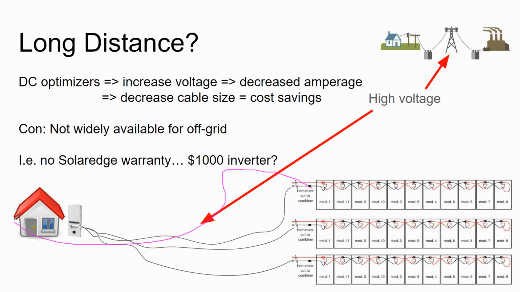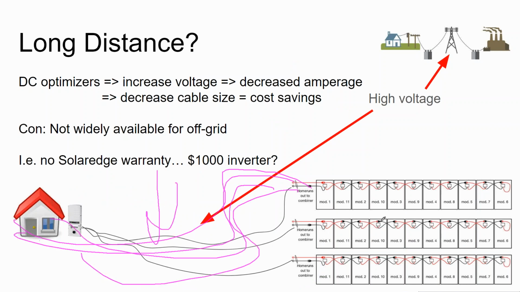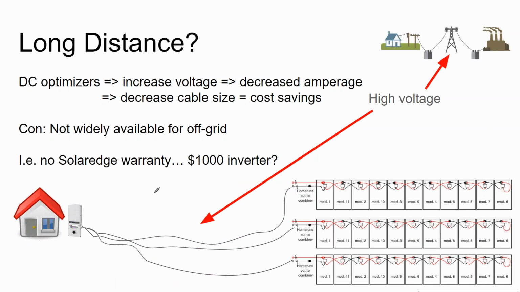On top of that, with a whole bunch of multiple circuits going home, you're going to get killed on your cable cost. Generally speaking, when you're talking about cable, you've got the thickness of the cable, and then you have the jacket of the cable. It's like a water balloon, where the inside of the water balloon is amperage, and the outside of the water balloon, the plastic, is the voltage rating.